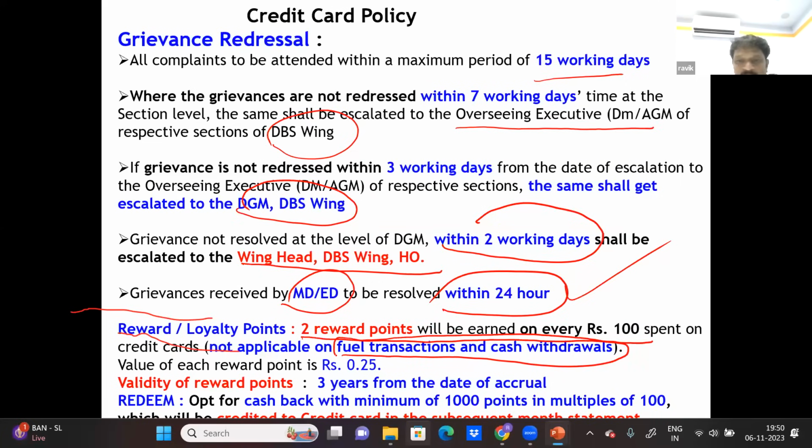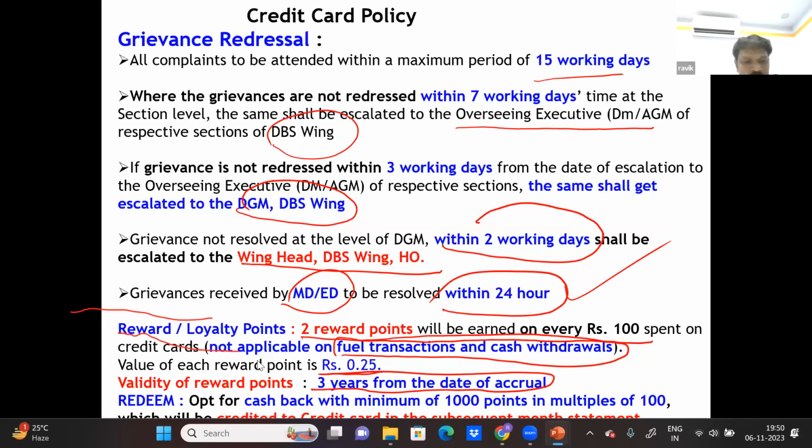If you are pouring petrol in your bike, that is not eligible for reward points, and cash withdrawals are also not eligible. Each reward point is 0.25. 1 point is equal to 0.25 rupees. And these reward points will be there in the account for up to 3 years only, from the date of accrual.